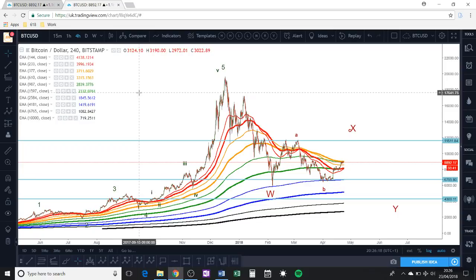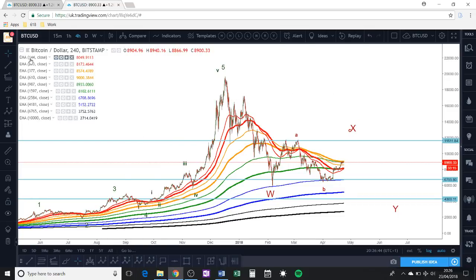And the way we calculate our fib numbers is, there's a sequence. I'm not going to go through the whole sequence, but essentially the way we calculate the next number in the sequence is we can either add the 2 preceding numbers together to get the next number, or we can just multiply any fib number by 1.618, and you will get the next fib number.